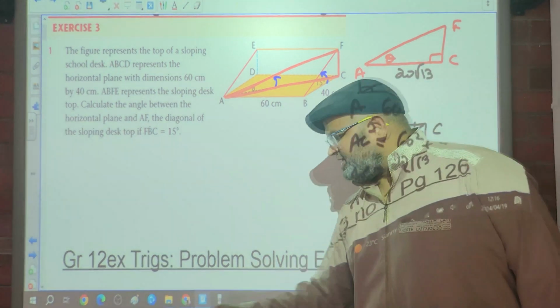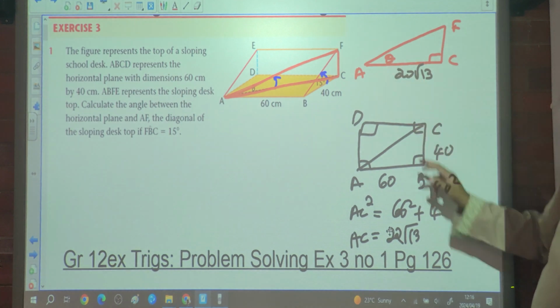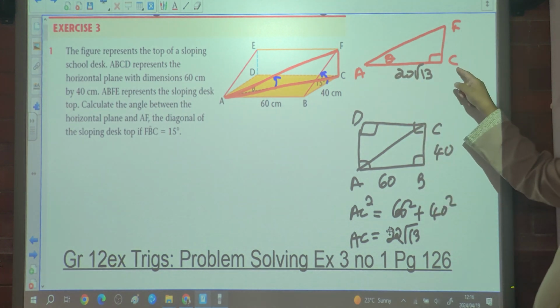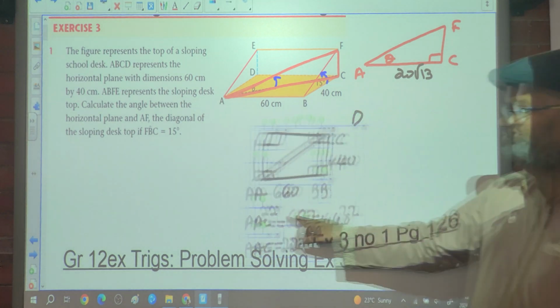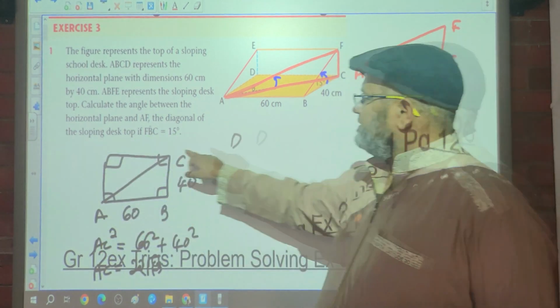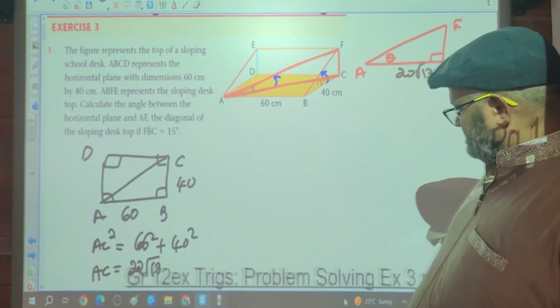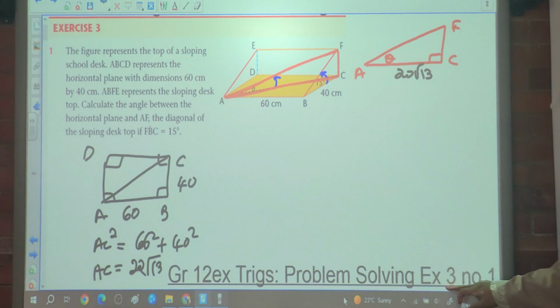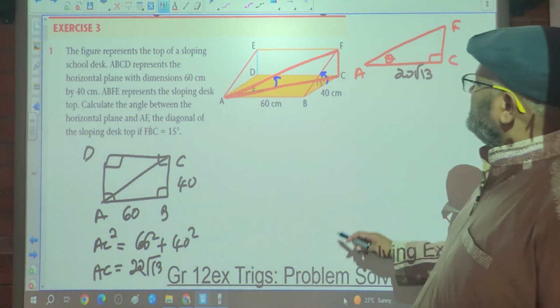So what else do I need in order to calculate this angle? I need to calculate FC or AF. Which one of the two can be calculated at this stage? FC. How are you going to calculate FC?